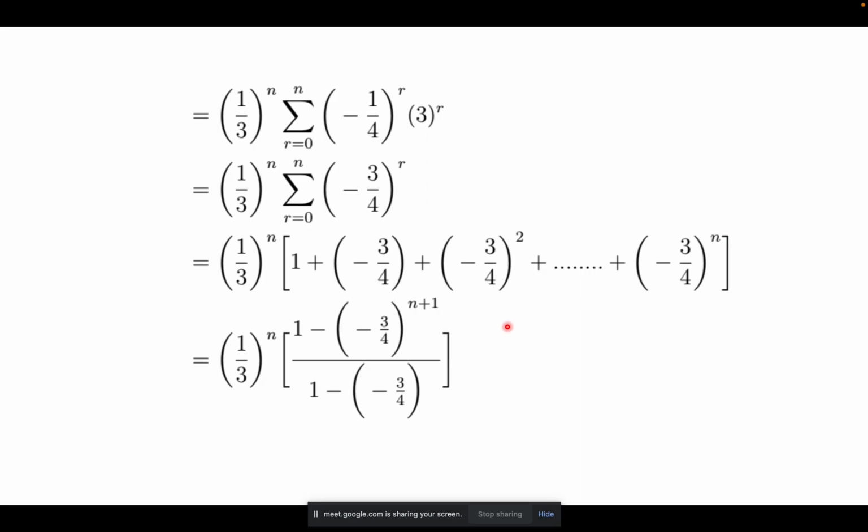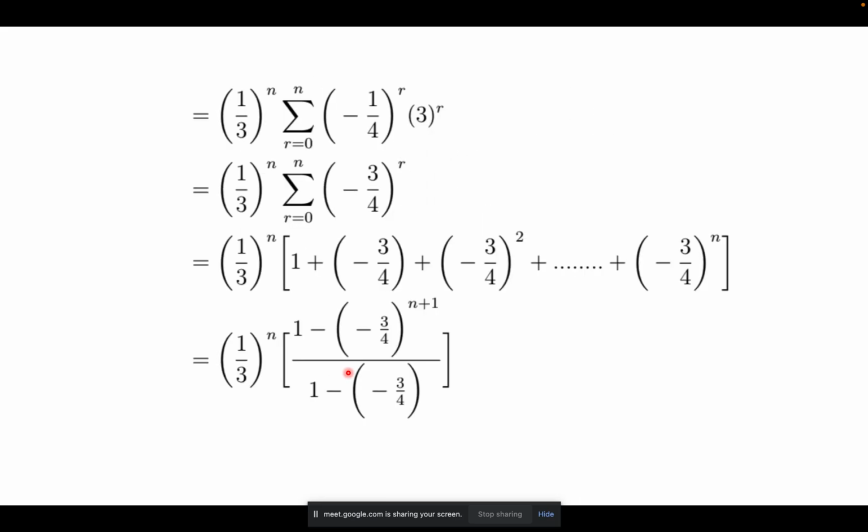So basically there are n plus 1 terms in total, and if I use the series formula of the geometrical progression, I will write 1 minus r to the power n plus 1, where r is the ratio, here minus 3 by 4, so you write (-3/4) power the number of terms. The number of terms is n plus 1, and in the denominator you write 1 minus r. So r here again is minus 3 by 4, so you write 1 minus minus 3 by 4. I hope this is clear.